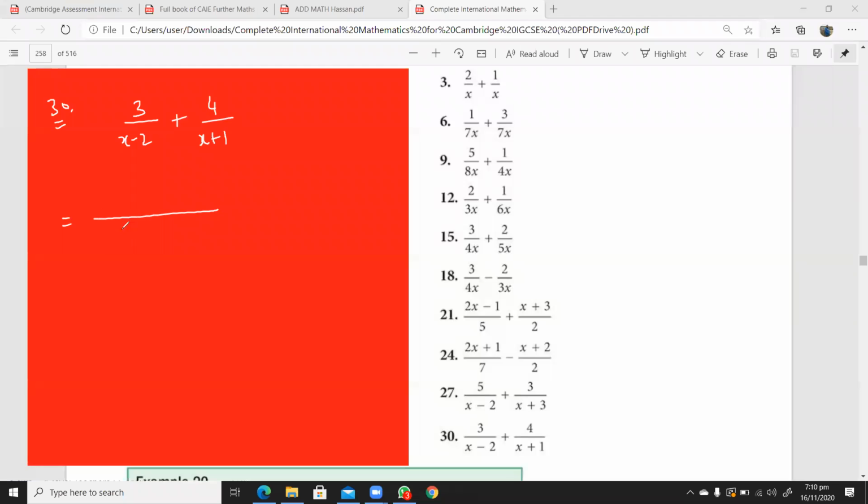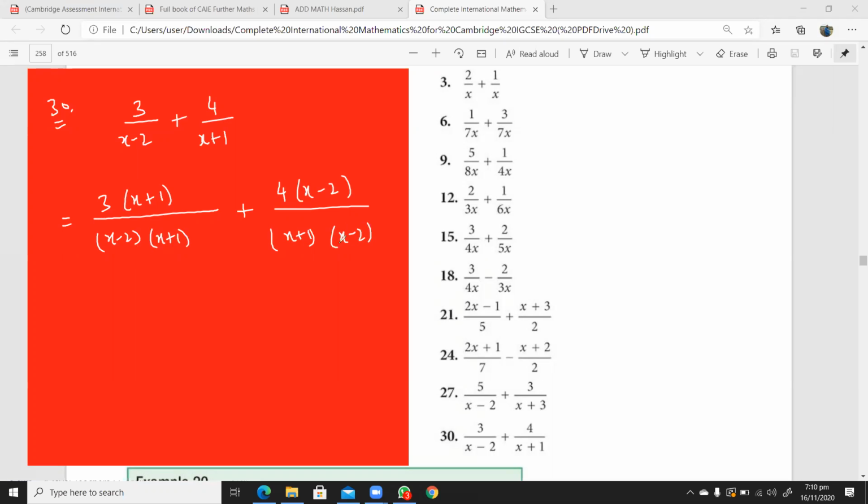So let's write this as x minus 2, plus this is x plus 1. You have 3 here. This is a step that we do in earlier classes. You will multiply this with x plus 1, and this will also be multiplied by x plus 1. You will multiply this with x minus 2, and this will also be multiplied by x minus 2.